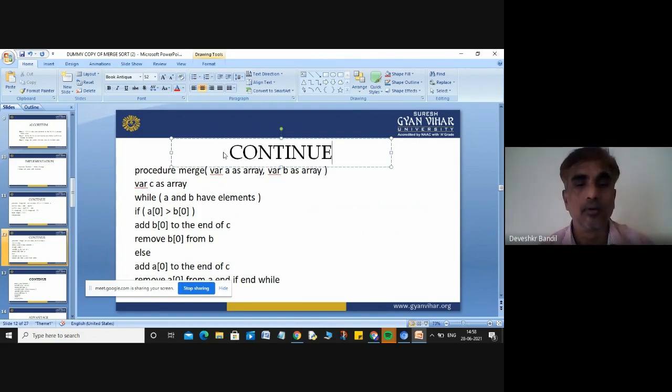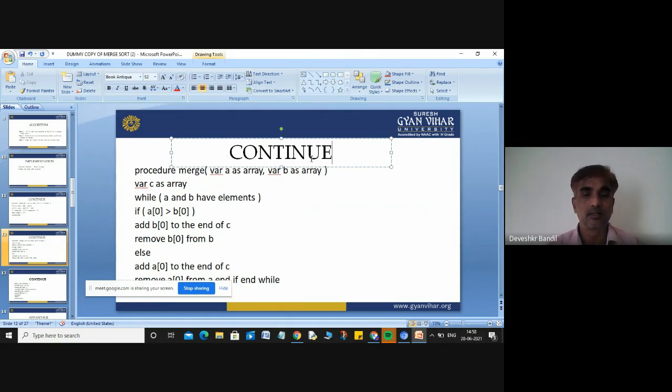And first of all, you will make a procedure for the merge. In your merge, you will take the variables as your arrays, and you will write the condition: a and b have elements. If your first element is greater than your second, you will add it to the end of c, and you will remove your zeroth index.